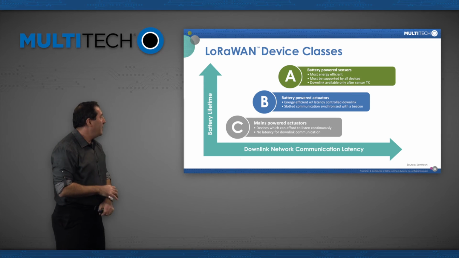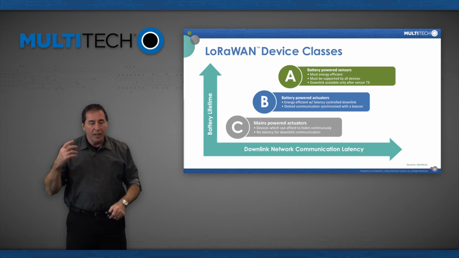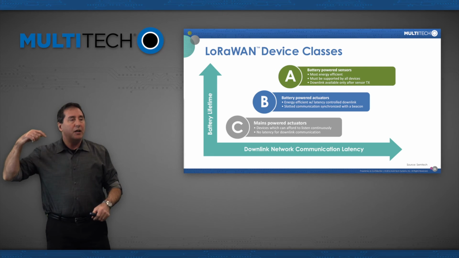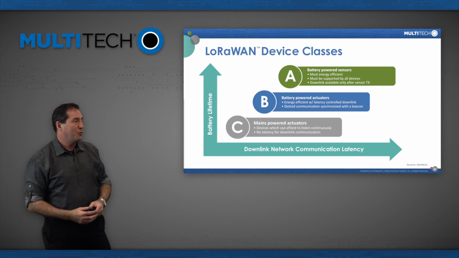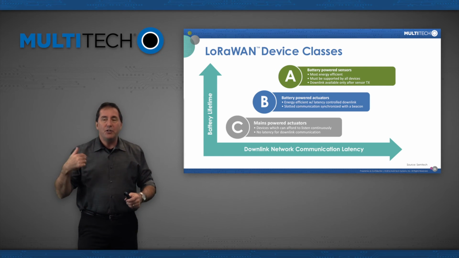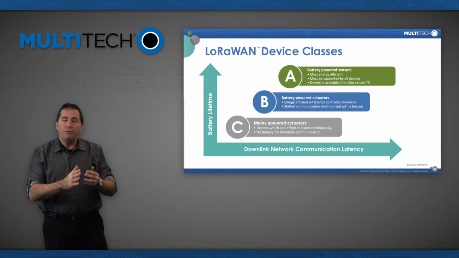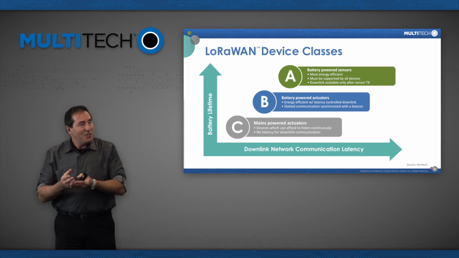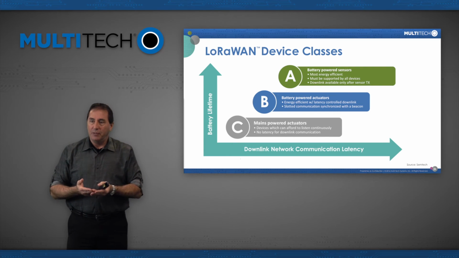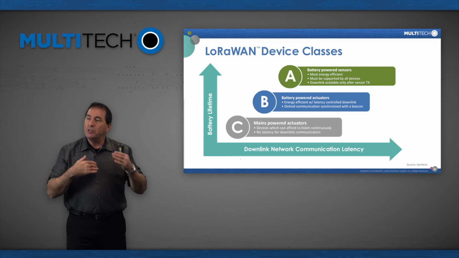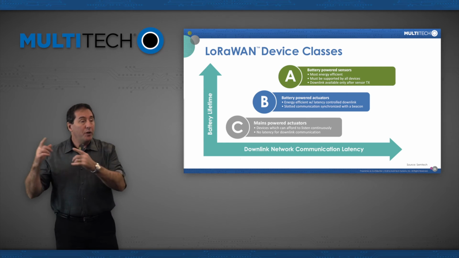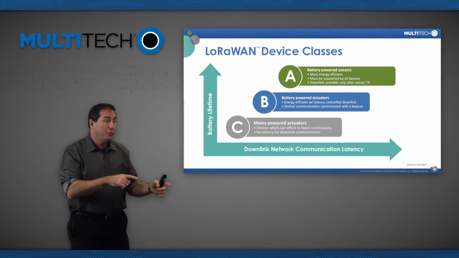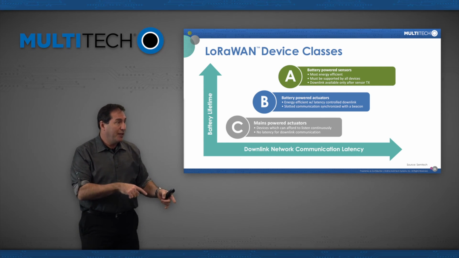Then we have Class B. Class B implements the idea of a beacon. That's what B stands for. And this beacon is simply intended to give a few more times when the endpoint will wake up and listen to the network. So its primary purpose is to reduce the latency whenever the network wants to talk to an endpoint, right?